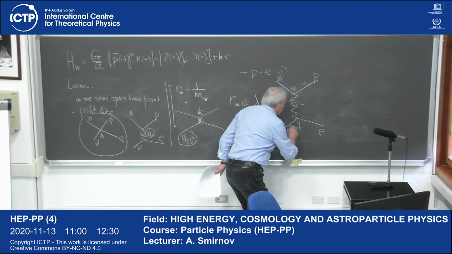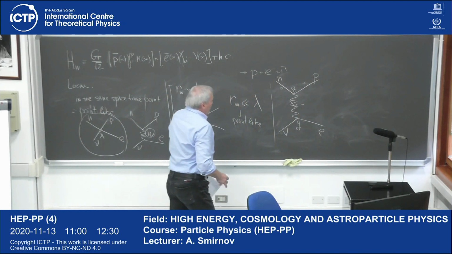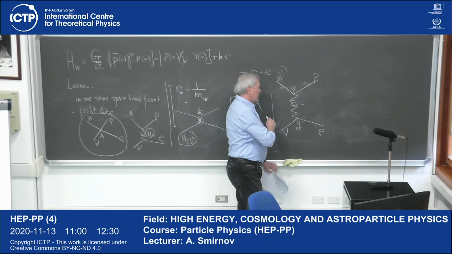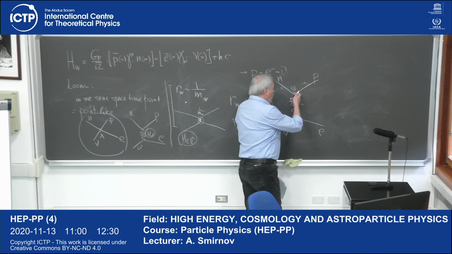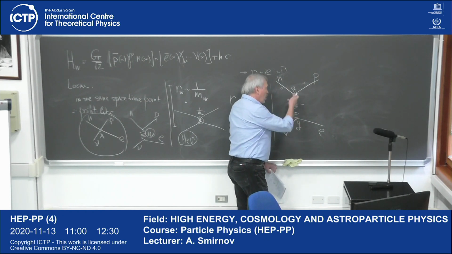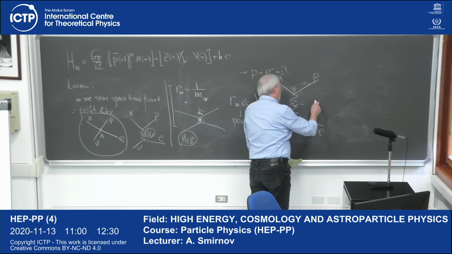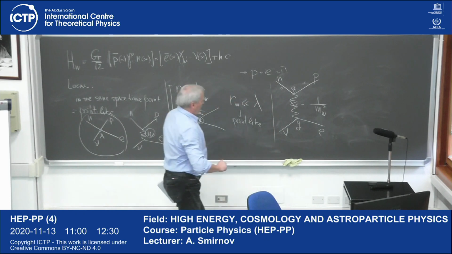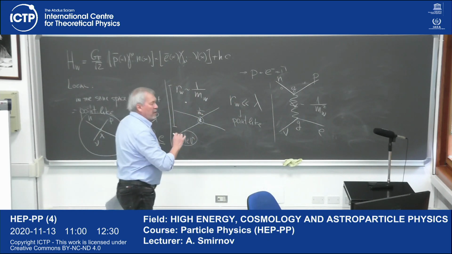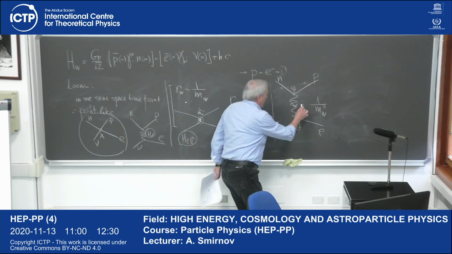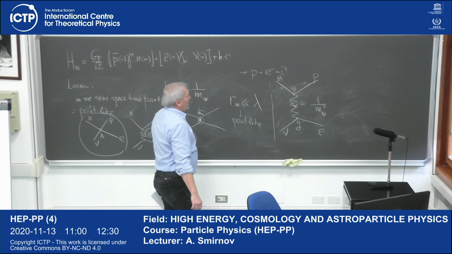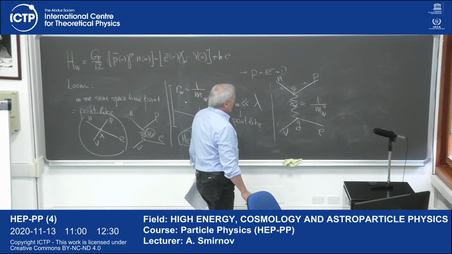But we have propagation of a particle between these two vertices, and what corresponds to this propagation, at least at low energies, is the mass of the W boson squared. This comes from the propagator, approximately. Again, you will learn this soon.